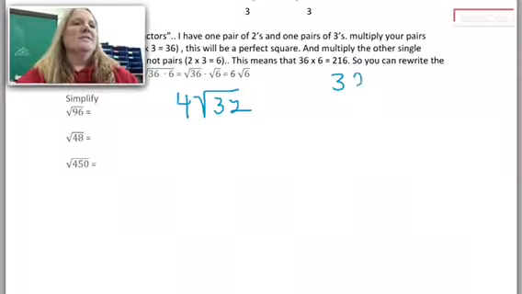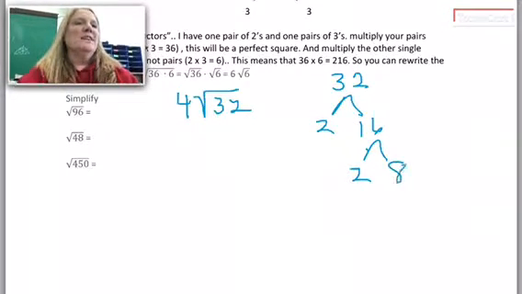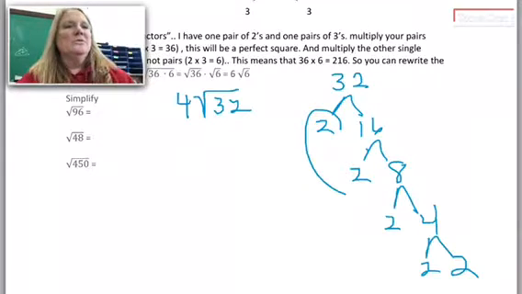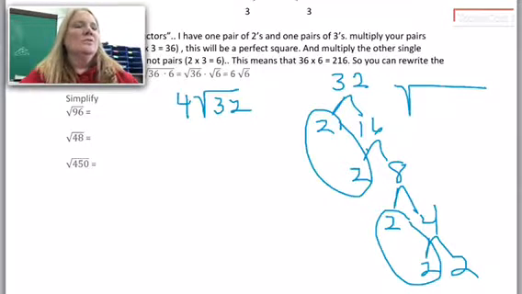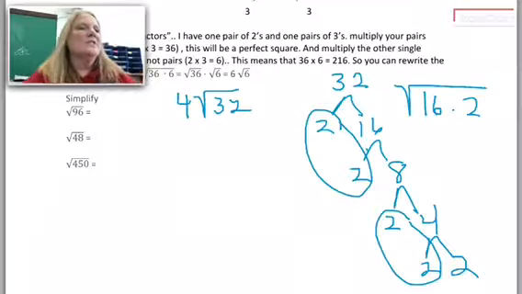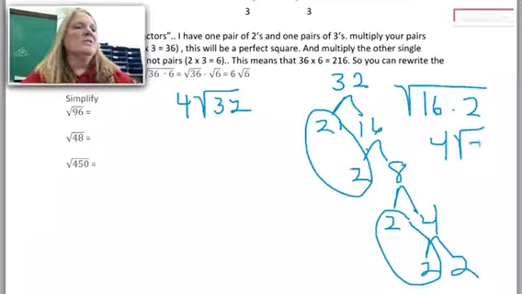Okay, so let me do 32 is 2 times 16, 2 times 8, 2 times 4, 2 times 2. So we have a pair of 2's and another pair of 2's. So I'm going to rewrite the square root of 32 as 16 times 2. The square root of 16 is 4. So you get 4 times the square root of 2.